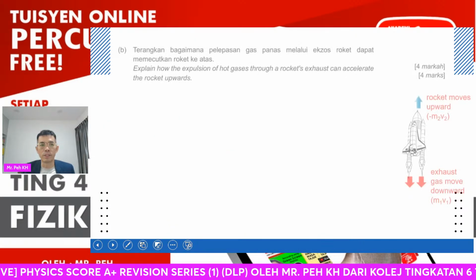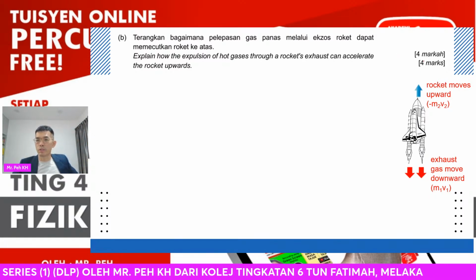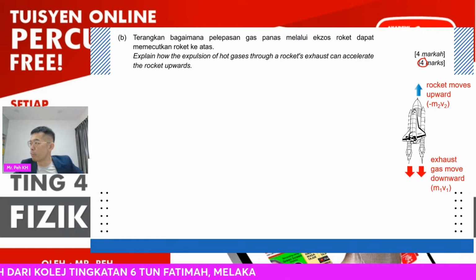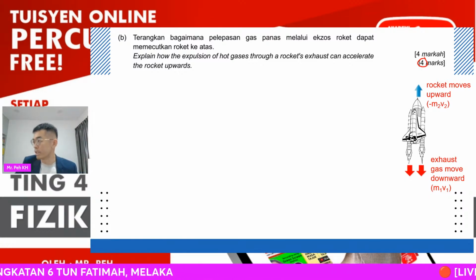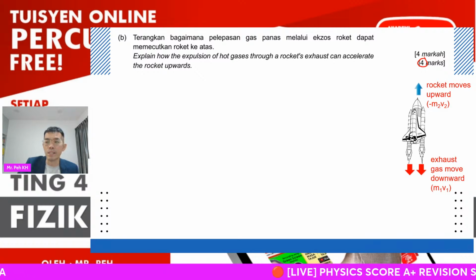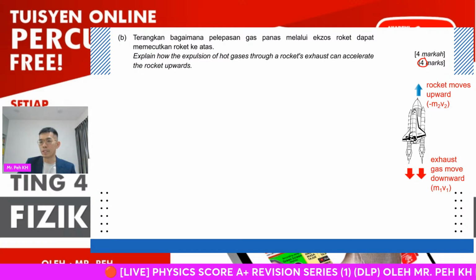Then we go to the B question. The B question is normally a theory question. For 4 marks, you need to give a minimum of 4 points. But I advise you to give more than 4 points, because we're not sure whether the point given will be in the scheme or not. So better to give maybe up to 6 points.